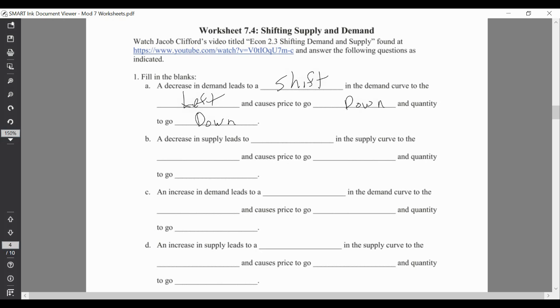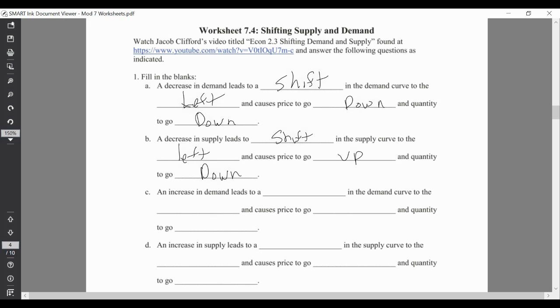Okay. Then B tells us a decrease in the supply leads to a shift in the supply curve to the left and causes the prices to go up and the quantity to go down. Okay.